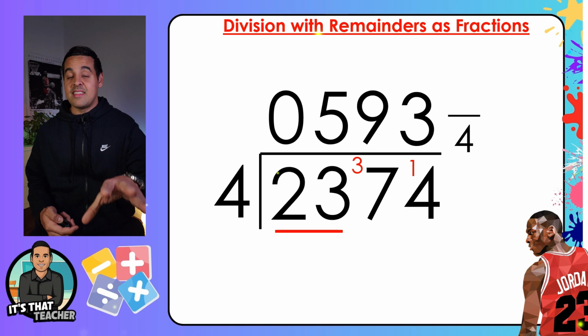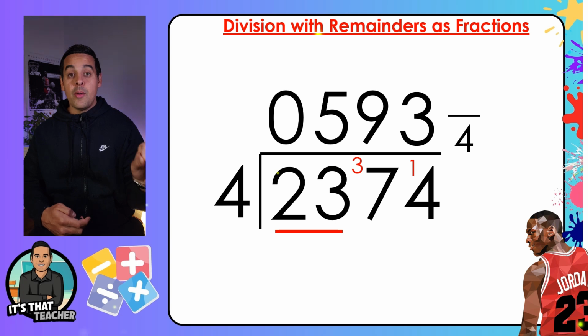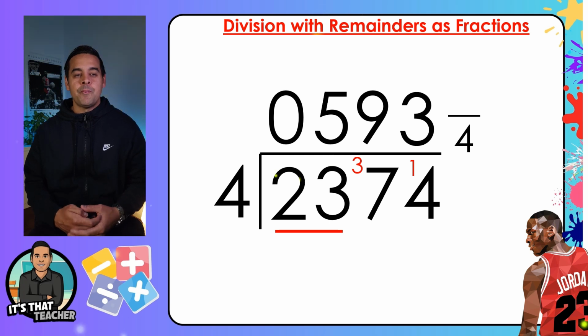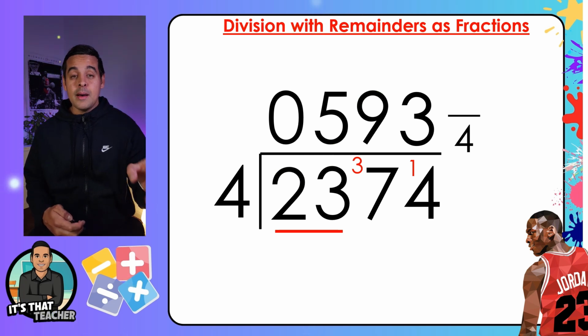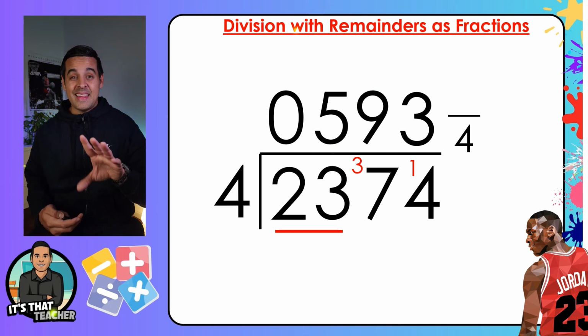Now here we have 2 remainders, but the first thing we need to do, we're putting them in fractions in this lesson, remember. So whatever is your divisor, the number that you're dividing the bigger number by, in this case the 4, that becomes the denominator of your fraction. So the divisor becomes the denominator of your fraction. Now, whatever remainder is left becomes the numerator, the top number in that fraction.